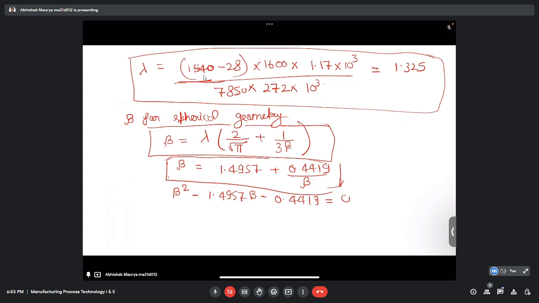We will solve it for beta, taking only positive real values, given by beta equals minus b plus or minus root of b square minus 4ac over 2a. You might already know this relation from your 10th class mathematics.